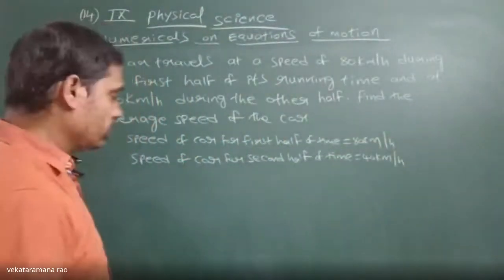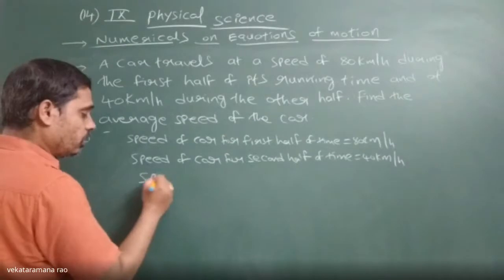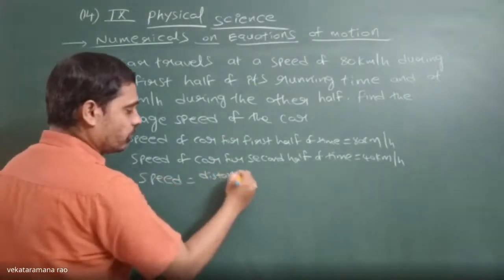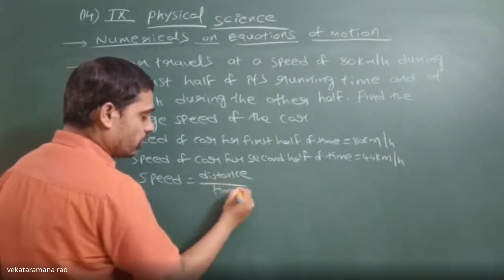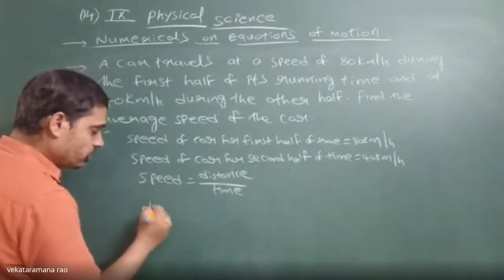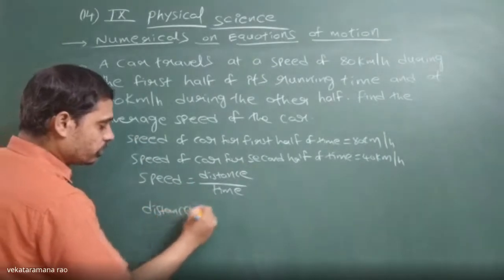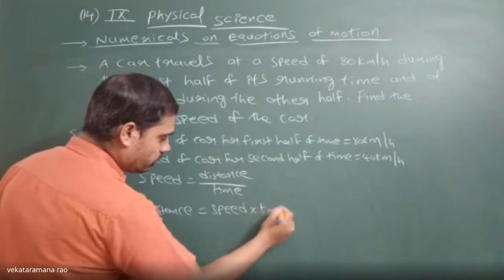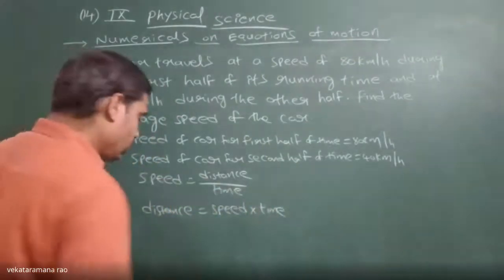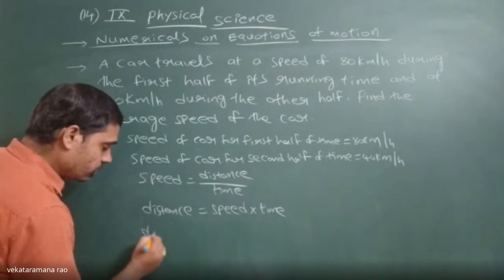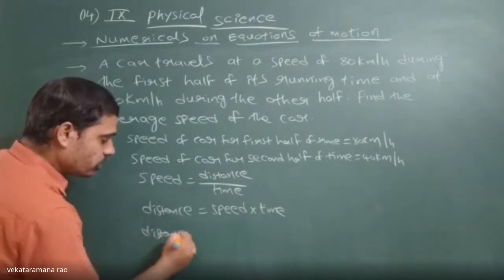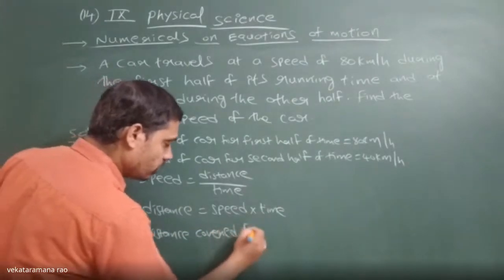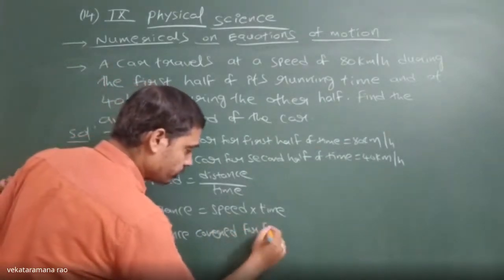Then, what is the speed formula? Speed is equal to distance by time. Then distance is equal to speed into time. Now let us find the distance covered for the first half time.